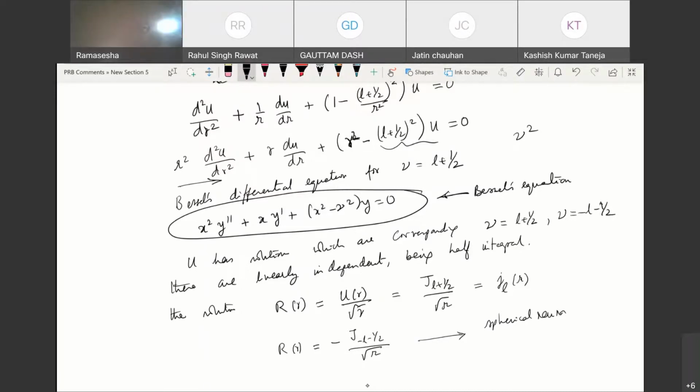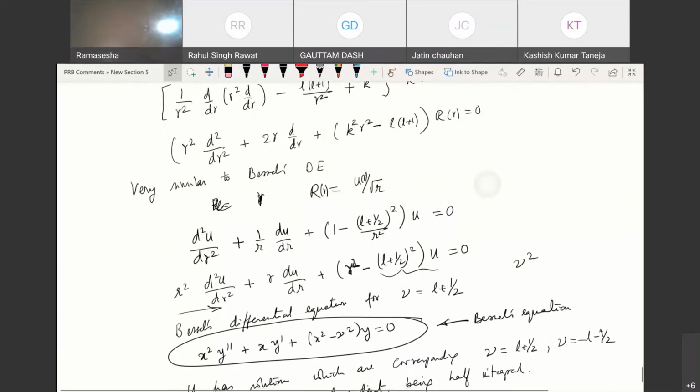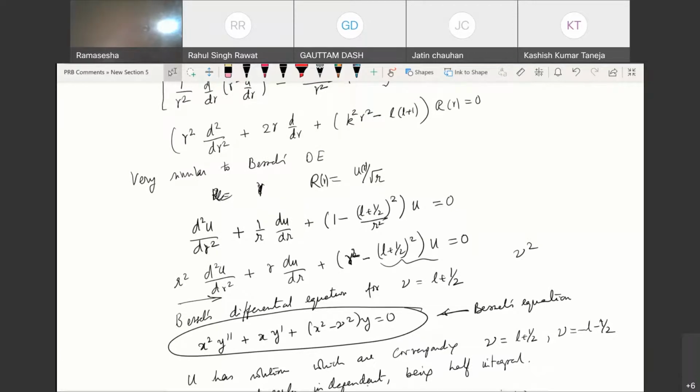Okay. And incidentally, I did slightly different things. So I should have had u of kr divided by root of kr. Okay. So I first change the variable from r to k r, and then R of k r to u of k r by root k.